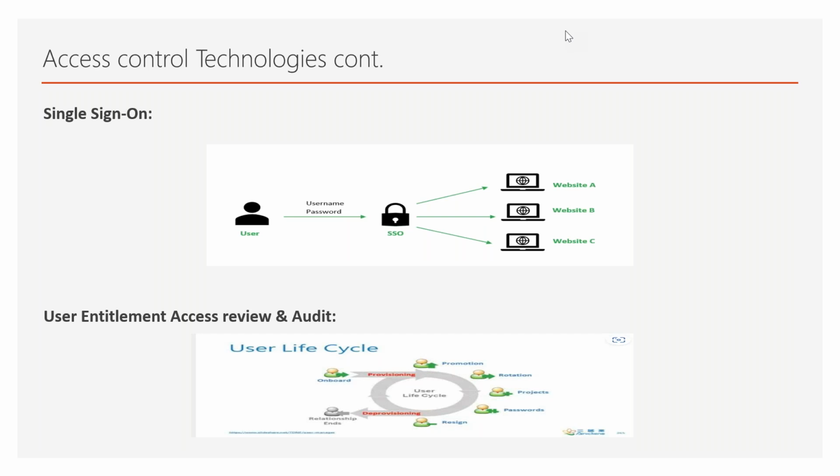Privilege escalation is basically an attack. I'm talking about preventing situations where a user is gaining more access than what is needed. To prevent this, you should perform a user entitlement access review and audit for all users. If a user is working in project 1 and later moves to project 2, it is mandatory that the project 1 access be revoked and removed.